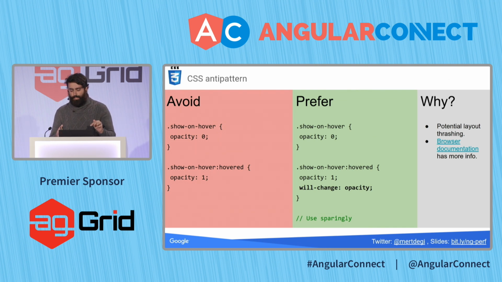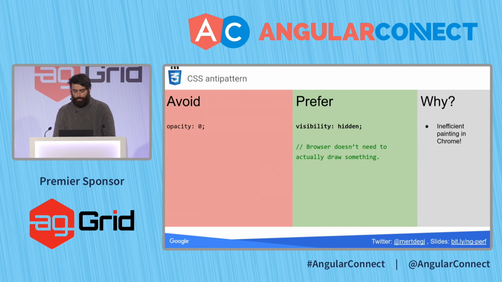Use this sparingly. Use this only when you need to, only when you see that large purple block of rendering in the Performance tab. But it's just one CSS change, and it could dramatically improve performance of your app.